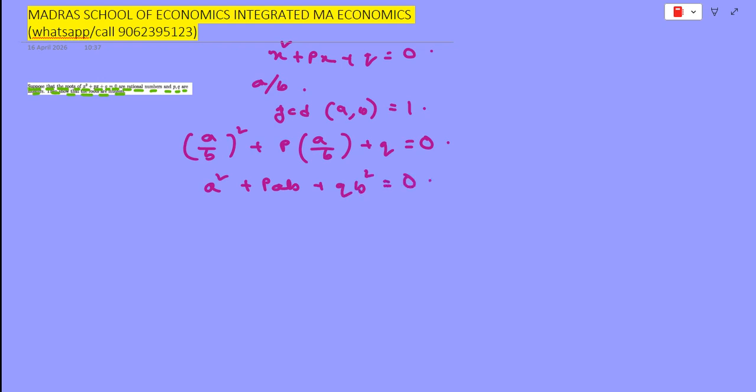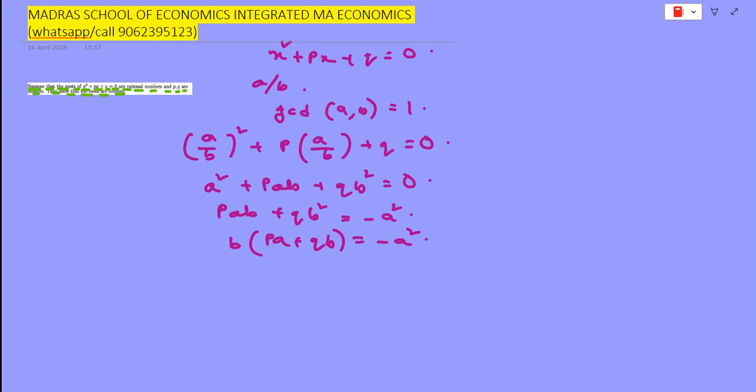So let's kick a square to the other side. So pab plus qb square is equal to minus of a square. Now look at the left side. What do they share? b, right? So b into (pa plus qb) will be equal to minus of a square.